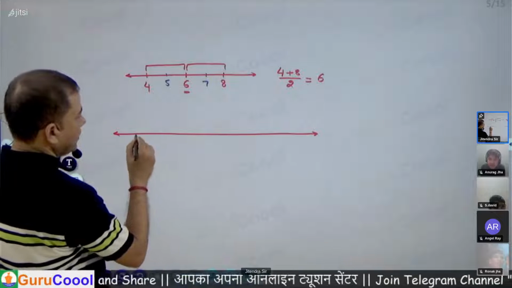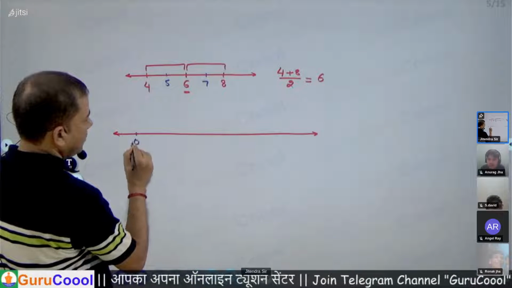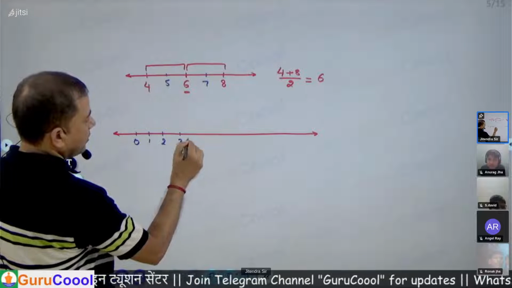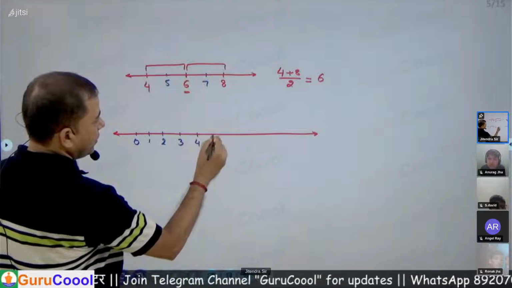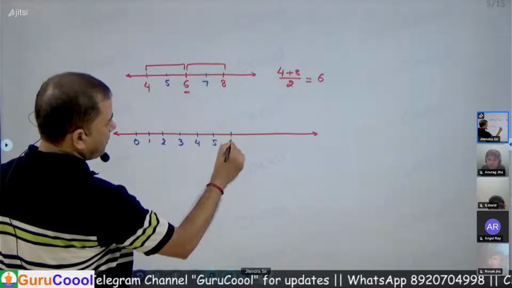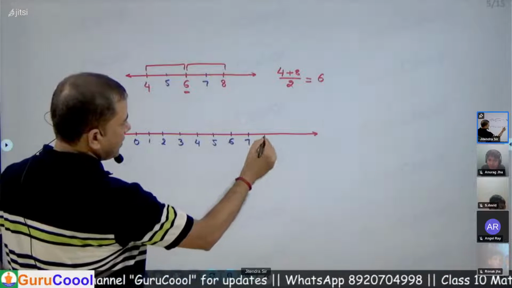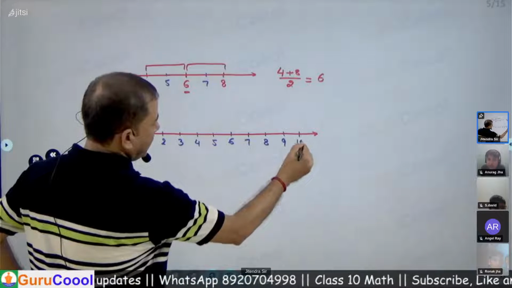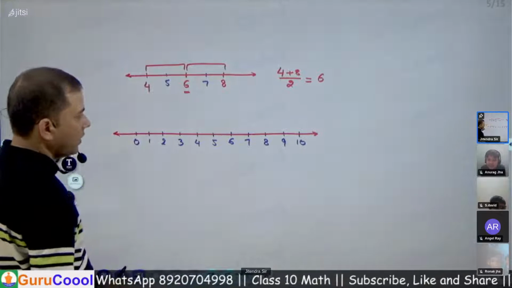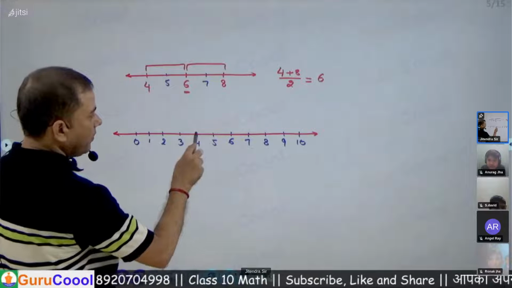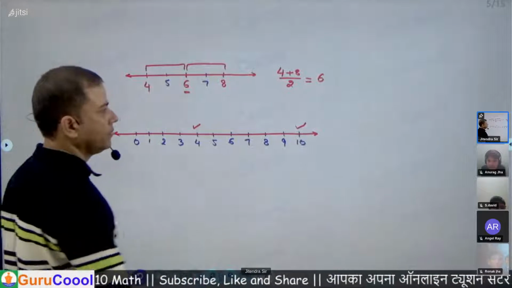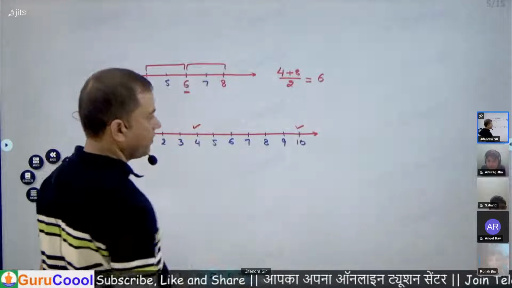Let us take 0, 1, 2, 3, 4, 5, 6, 7, 8, 9, 10. What comes between 4 and 10? Just in the center. 7.